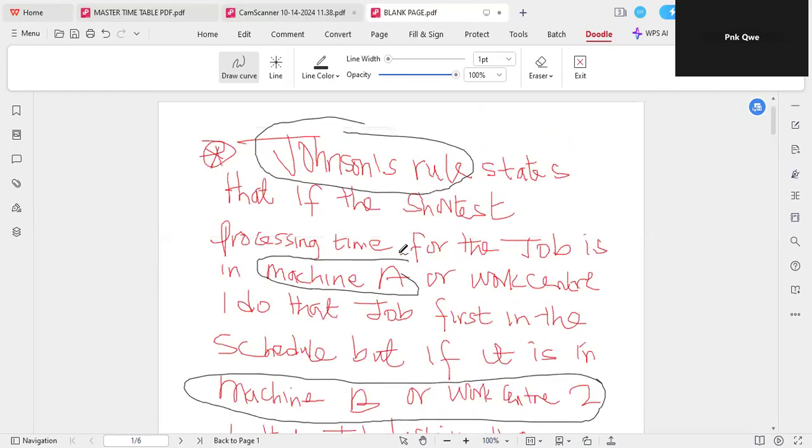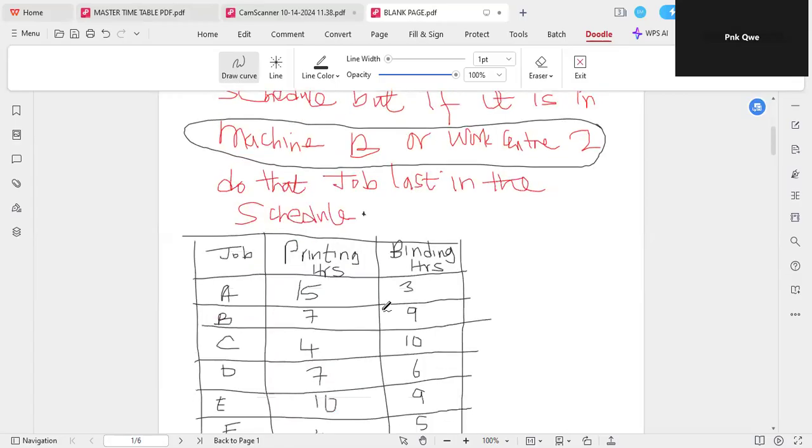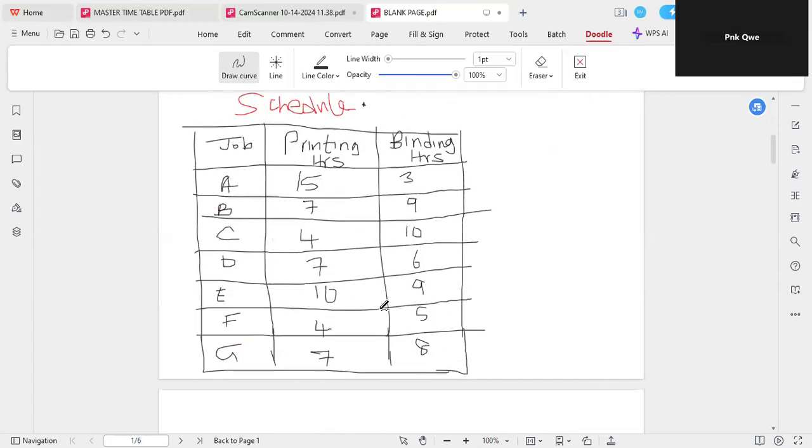So we're going to use the Johnson's rule test that if the shortest processing time for the job is in machine A or work center 1, do that job first in the schedule. But if it's in machine B or work center 2, do that job last in the schedule. Okay, so meaning from here, which one is the shortest processing time for all the times? The shortest processing time for all the times is 3.